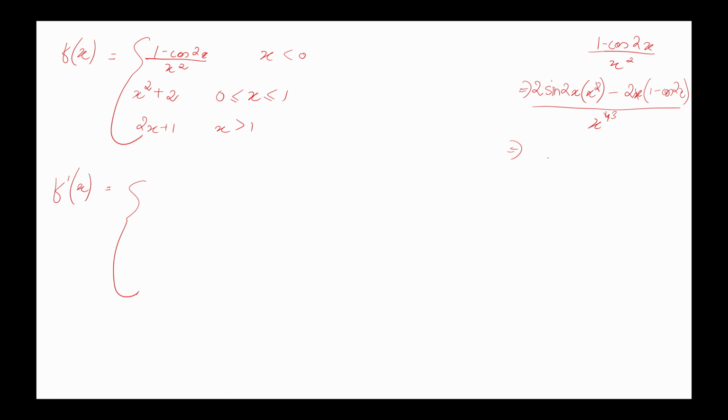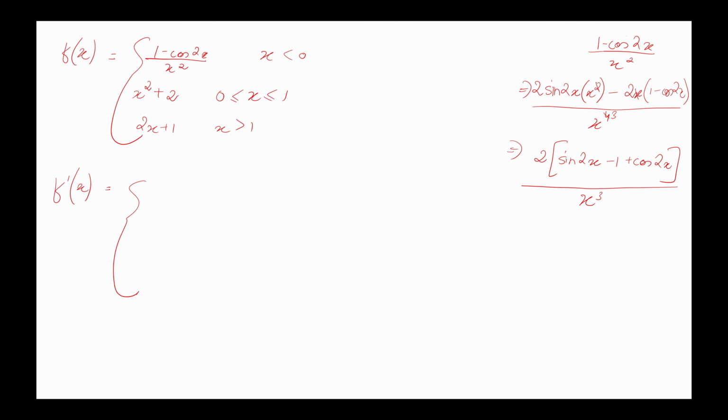So what do we have? We can take 2 common, so we are left with sine 2x. This would remain minus 1, sorry, this would remain minus. This would become plus cos 2x, and here we have x cube.